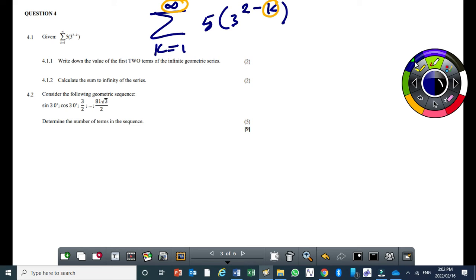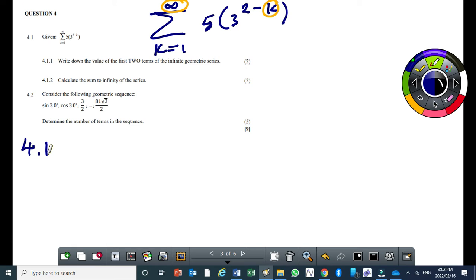Okay? So the first question says, write down the value of the first two terms of the infinite geometric series. So to find those first two terms, you substitute k equal to 1. So if you put k equal to 1, you get 2 minus 1, which is 1. Right?